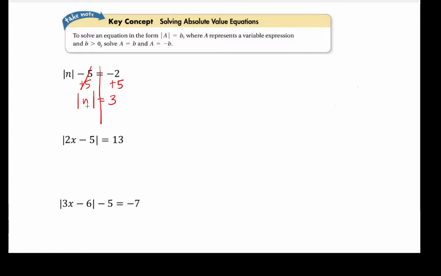Alright, so we have our absolute value isolated. It equals a value of 3. So up here, we're going to take our expression n and set it equal to 3. And we're going to take our expression n and set it equal to negative 3. We don't have anything else to do to solve because n is isolated in both cases. So these are our two solutions, 3 and negative 3.